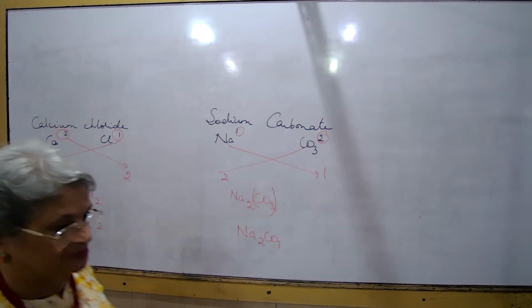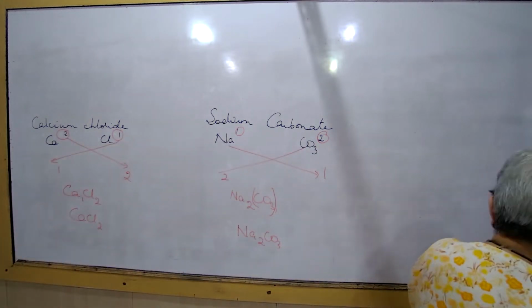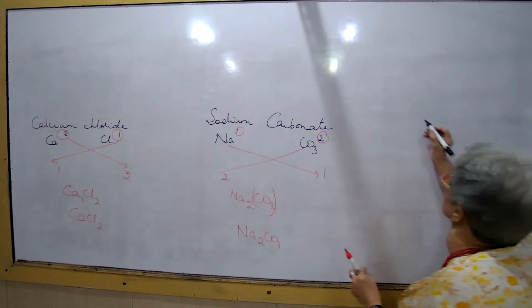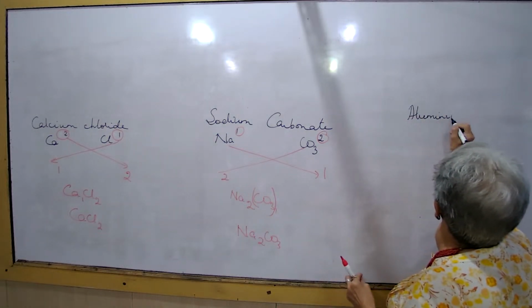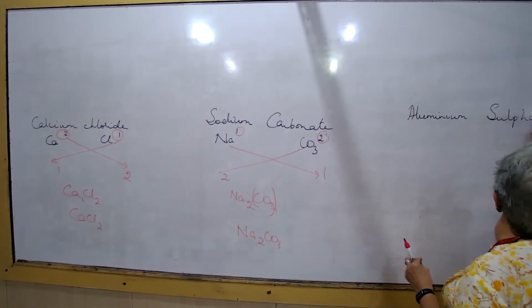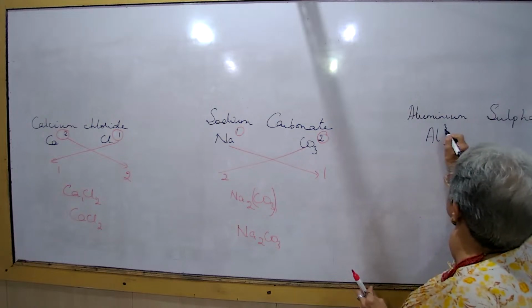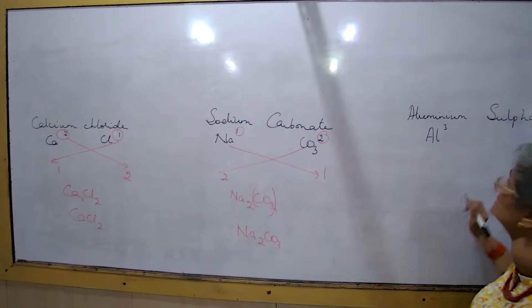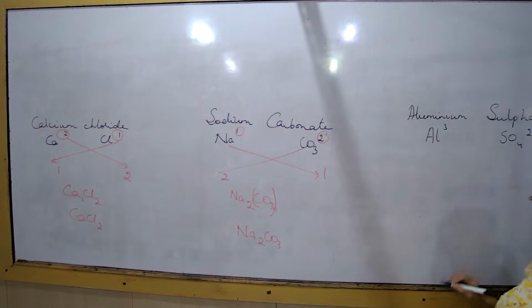Suppose you have aluminium sulfate. Aluminium is Al3. Sulfate is 2. Correct?